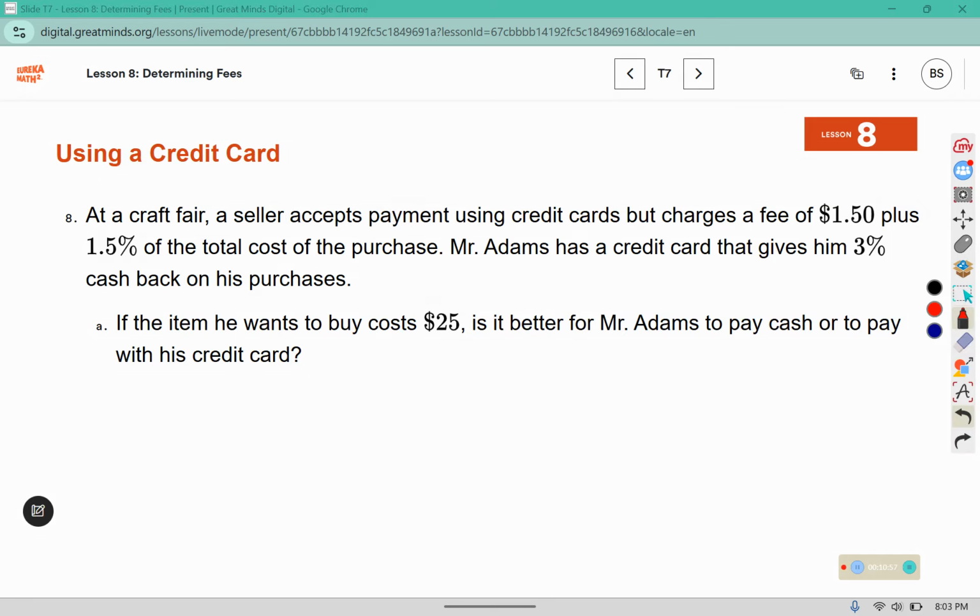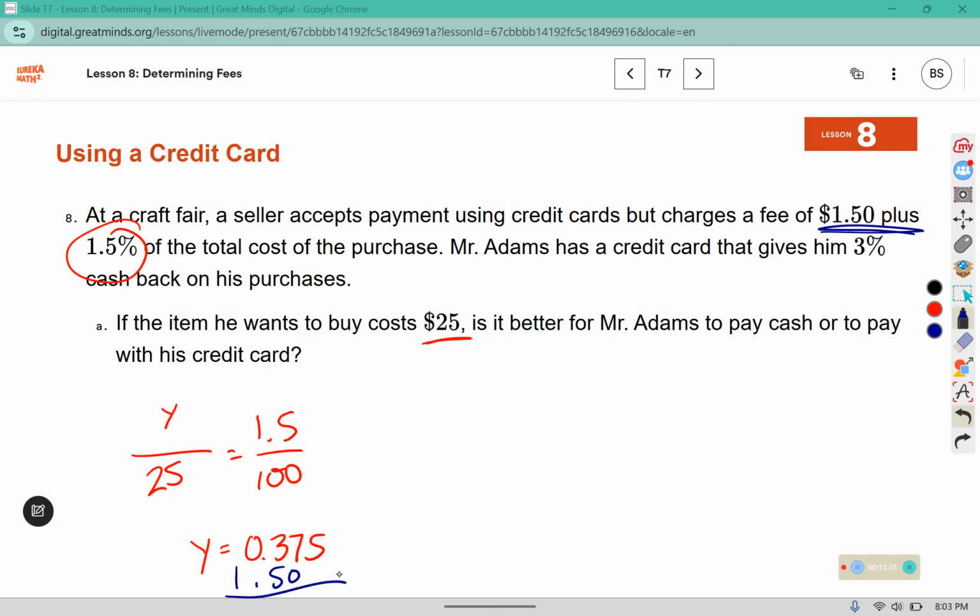So we'll start by figuring out what 1.5% of the $25 purchase would be. $25 times 1.5 divided by 100 is a fee of $3.75... wait, $0.375, plus the $1.50 fee.